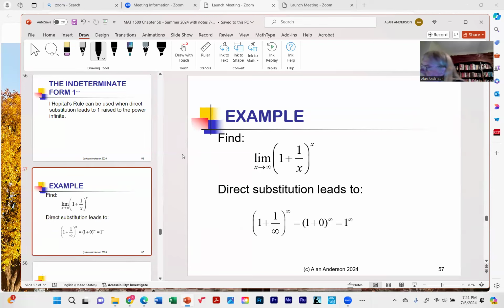If you directly substitute infinity here, we have 1 plus 1 over infinity to the infinity power. And well, that's going to leave us with 1 plus 0 to the infinity power, or there we go, 1 to the infinity power. Just what we were worried about. So what do we do about it?